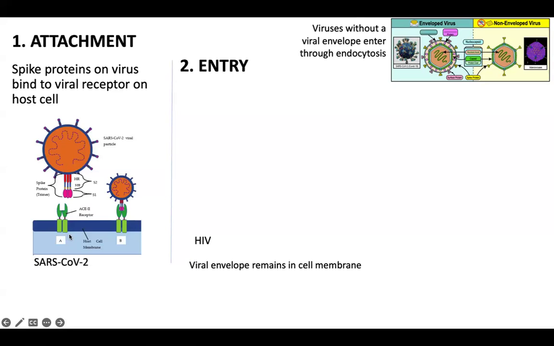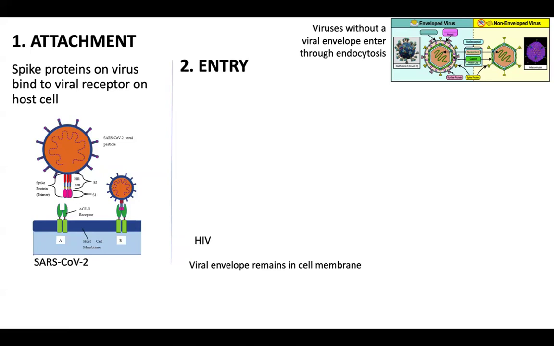And again, that receptor on the host has evolved for a different reason. It hasn't evolved for the virus to attach to. It has some other function with the host, but the virus takes advantage of it and uses it to attach and then gain entry.